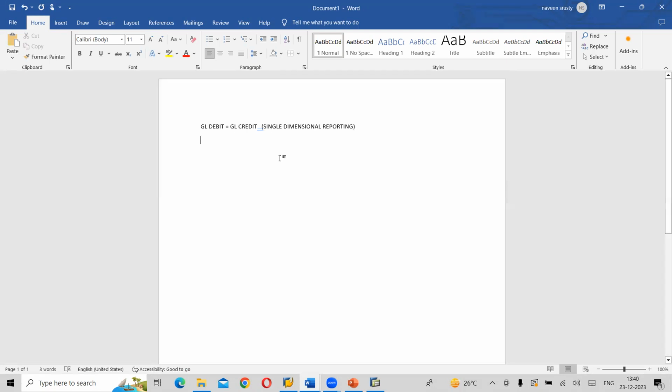So in ECC 6 version, till ECC 5, this is the version, as already we discussed the different versions. Till ECC 5, we used to call it a classic GL version, classic GL accounting.